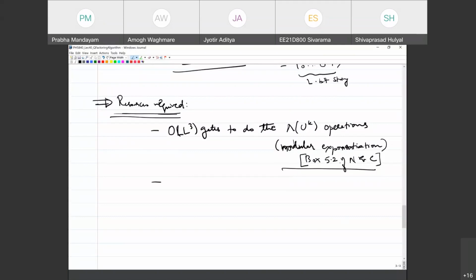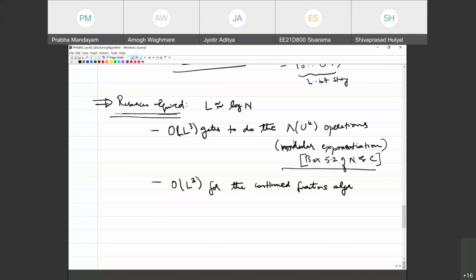So remember, L is approximately log n, or the closest integer to log n. Then we need order L cube for the continued fractions algorithm.